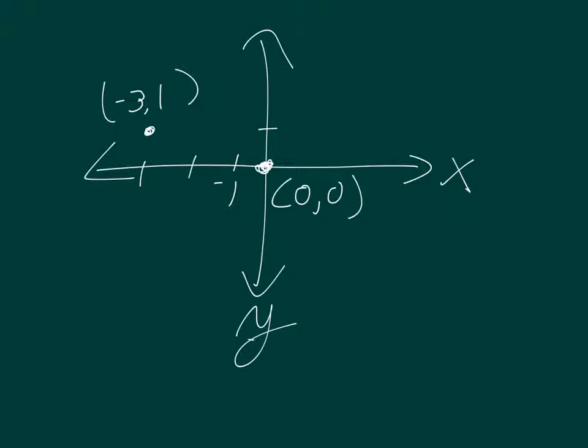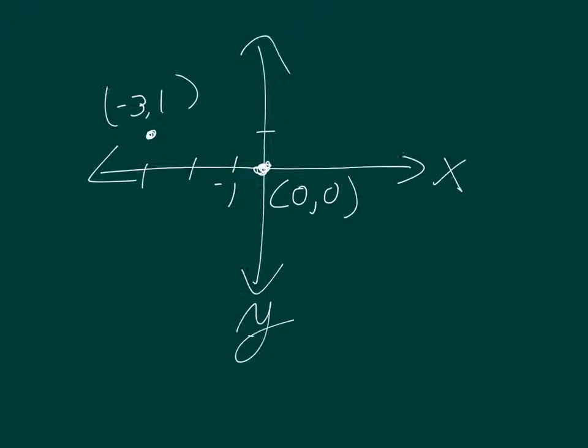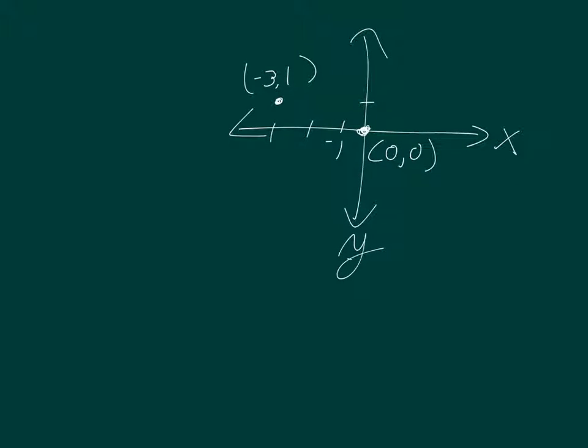To find slope in a graph, you've been doing this really well. You start at one point, usually working left to right is the best way to go. So this is the first point going left to right. In order to get to the next point, I go down 1, and then over 1, 2, 3. So I go down 1 and to the right 3.